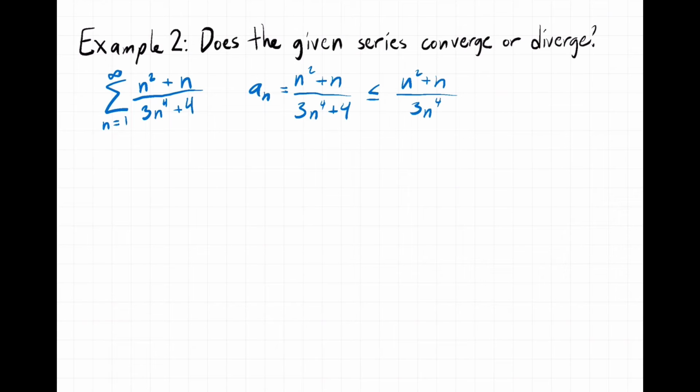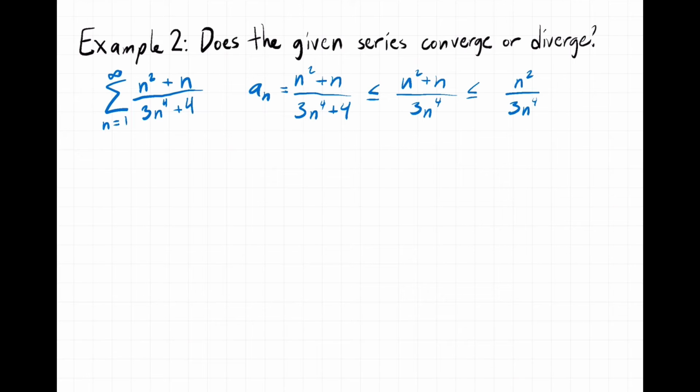Well, I'd like to say that this is less than or equal to something else. And what I'd really like to do is get rid of that plus n on the top. I'd like to have an n squared over 3n to the 4th, because that I can deal with. That is actually very, very close already to giving us a p-series.